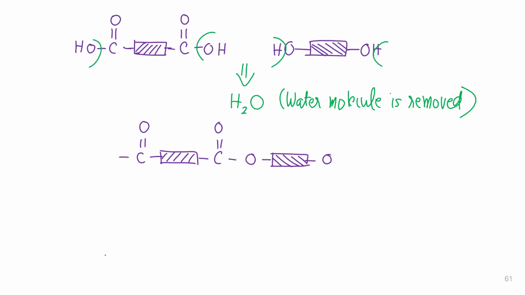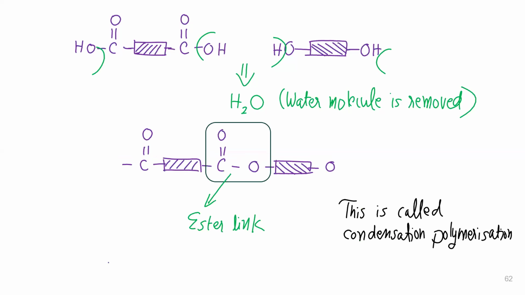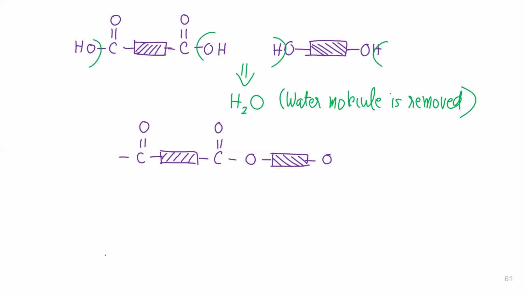This is called condensation polymerization. Remaining two molecules are pulled towards each other, and they make the final molecule. Look, this is called the ester link. Now you have to copy this also.